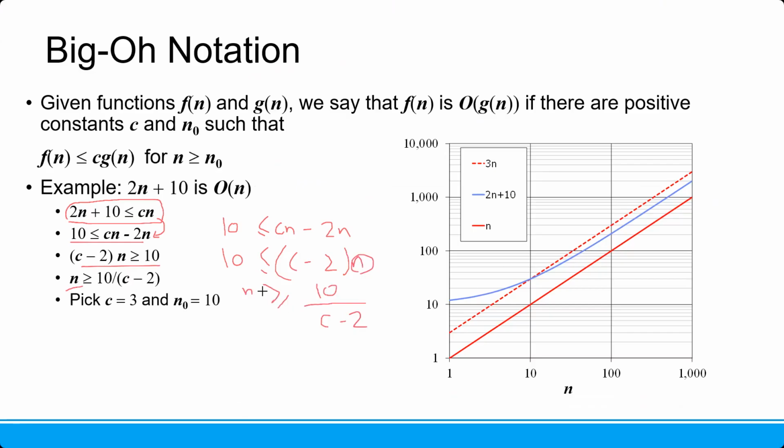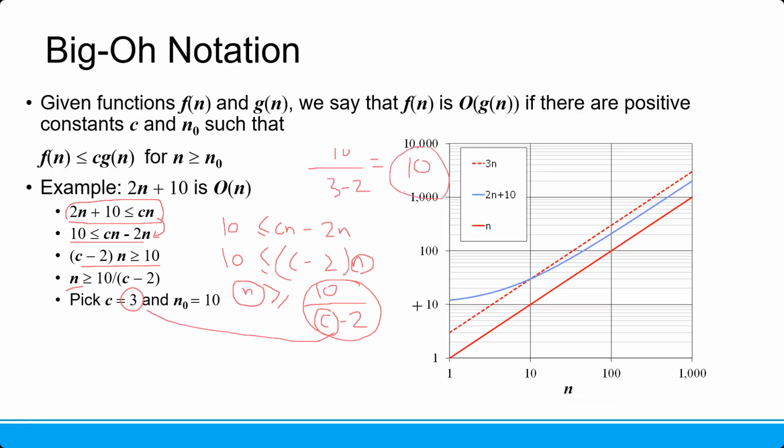So in order to know any numbers that is bigger, any of this number that is smaller or equal to n, then we need to put the c at least 3. If c equals 3, then 10 divided by 3 minus 2 means we have 10.